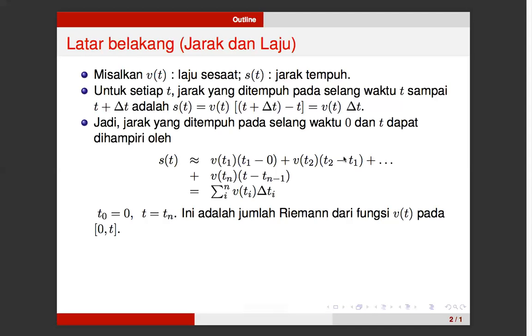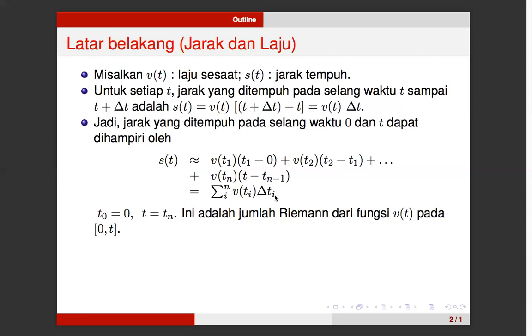Okay, so if we change our interval to 0 until t, we can approximate the value of s(t) like this: v(t1)(t1 minus 0) plus v(t2)(t2 minus t1), so this is our delta x or delta t in here, and so on until v(tn)(tn minus t(n minus 1)). Then we have the sigma, i from 1 until n, of v(ti) multiplied by delta ti.